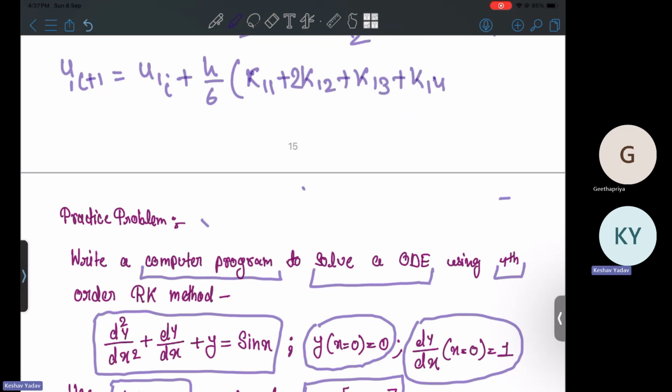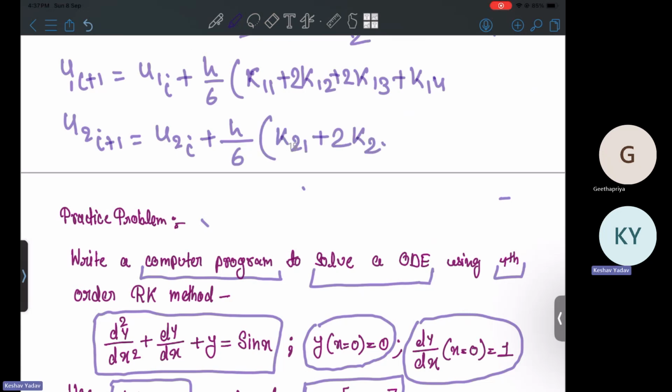Similarly, u2 of i plus 1 will be equal to u2 at i plus h by 6 times k21 plus 2 times k22 plus 2 times k23 plus k24. Okay, this is what the formula is.